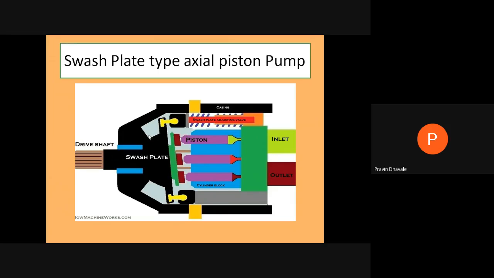If you increase the inclination of the plate with respect to the axis of the drive shaft, at that time we get the maximum displacement from the pump.